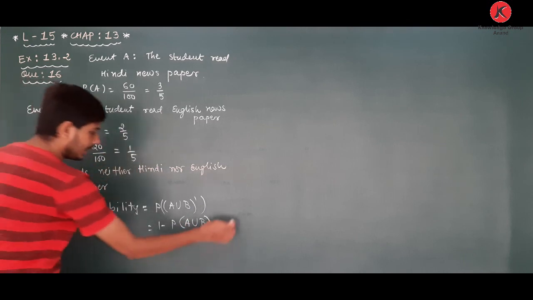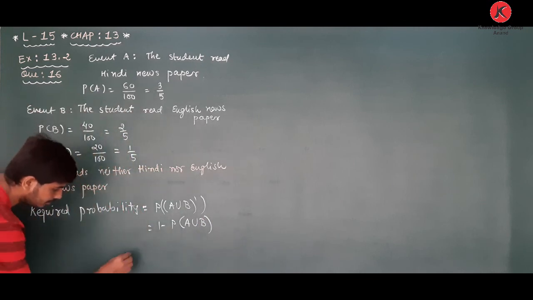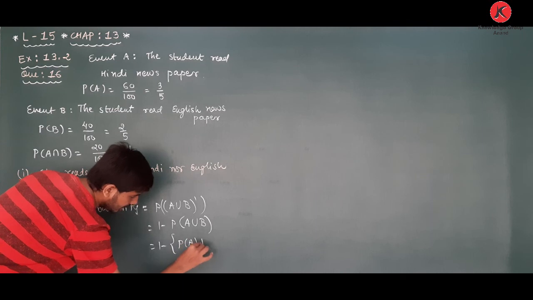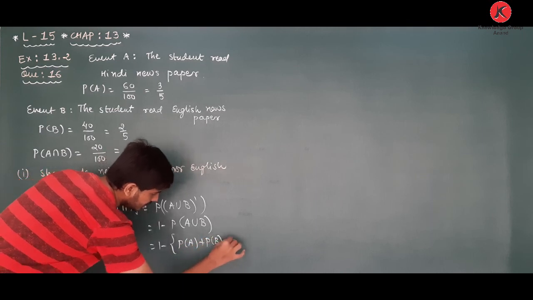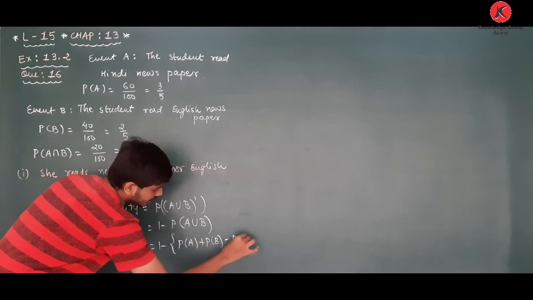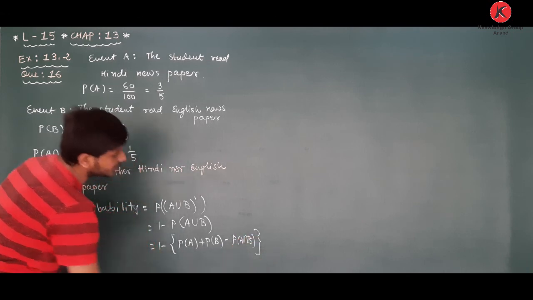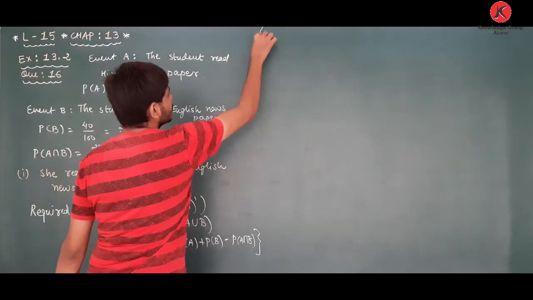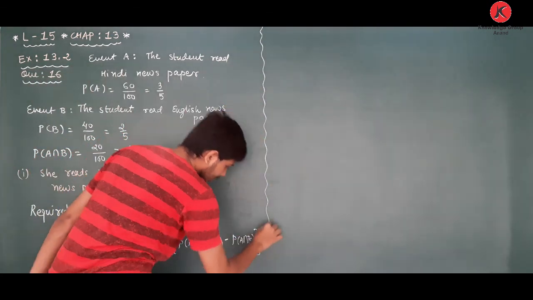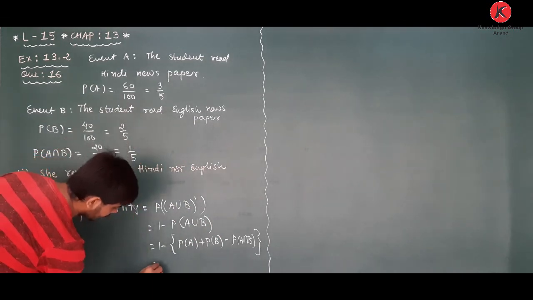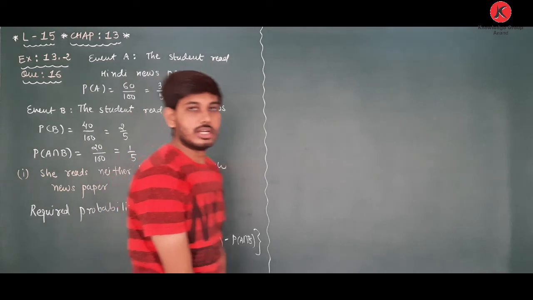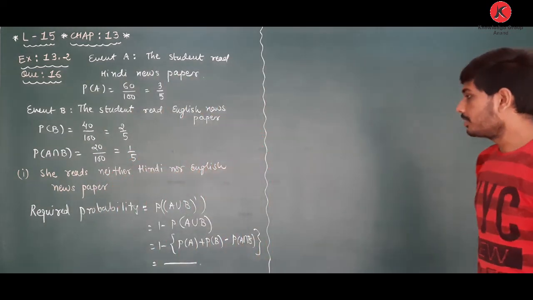The probability of A union B can be calculated by the formula P of A plus P of B minus probability of A intersection B. All the three probabilities are given here. Therefore, you can put in the values of all three probabilities and get the answer. You will calculate the answer here. It is an easy question.